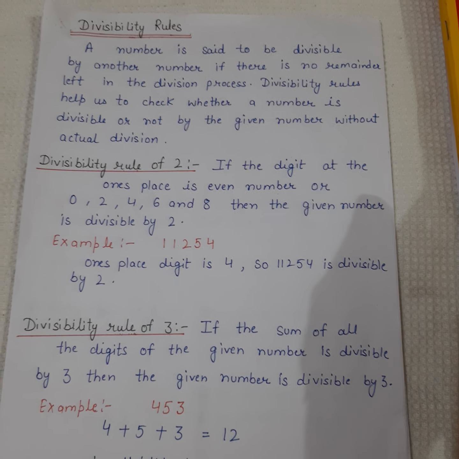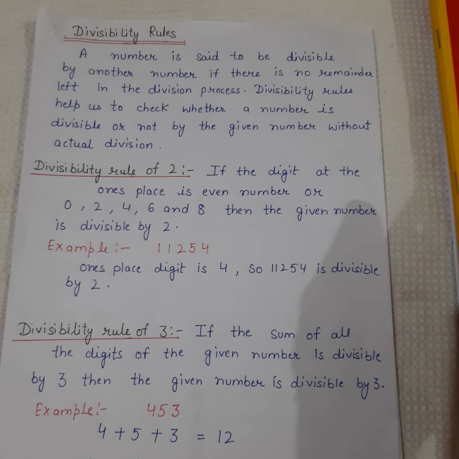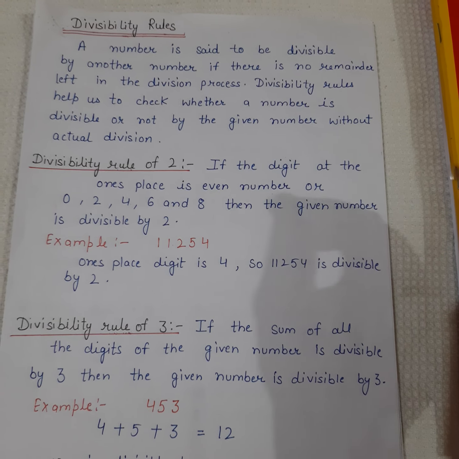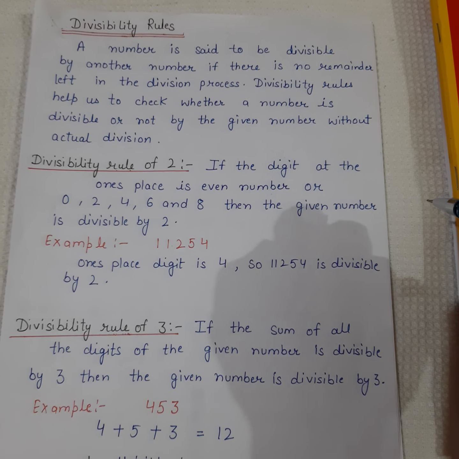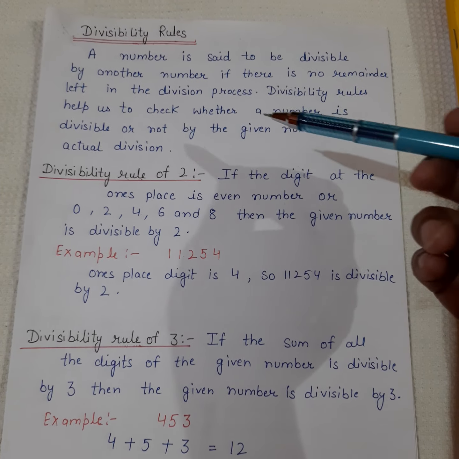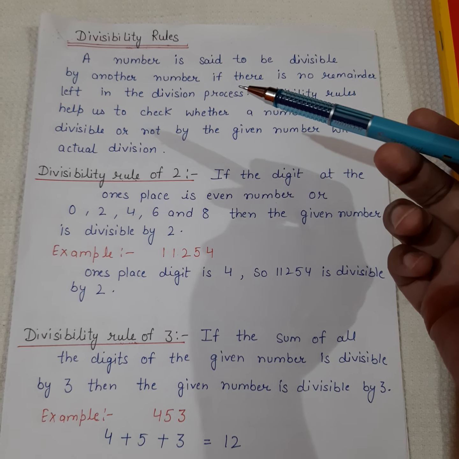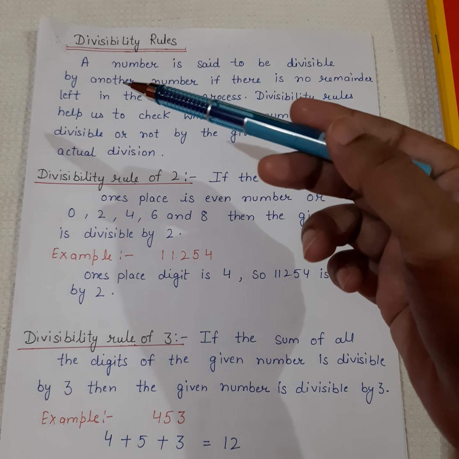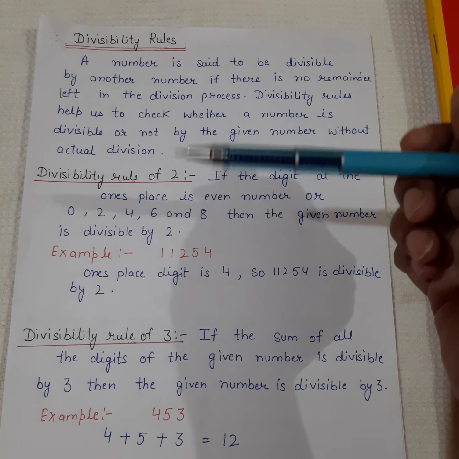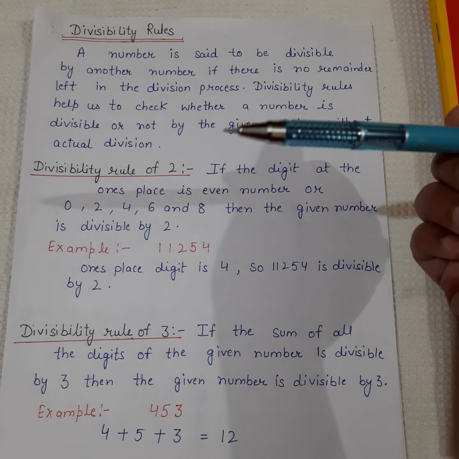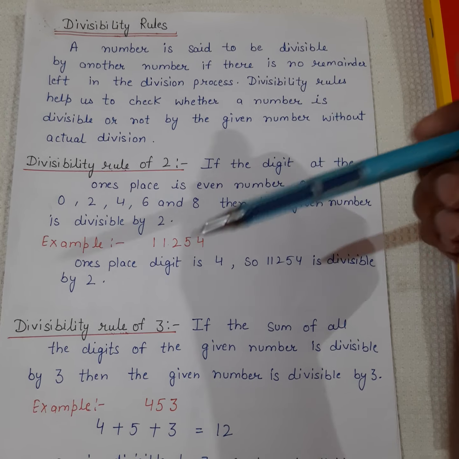So till now we have done exercise 5.6. Today we have to start exercise 5.5, but before starting that exercise I want to discuss divisibility rules. So what are the divisibility rules? Without actual division we can find out whether the given number is divisible by another number or not.